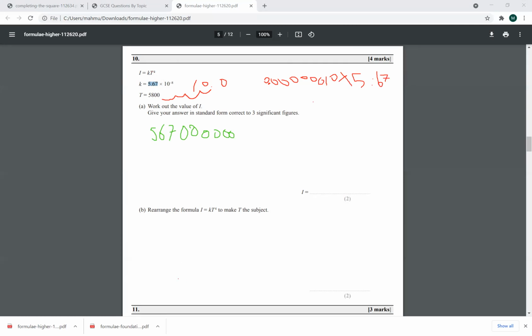So the answer should be, what question is this? Number 10, first part. I'm going to give you the answer. It's a long answer. It's normally 641,646. They wrote it as 6.42 times 10 to the power of 7. So they worked it out and said, is that 3 significant figures?